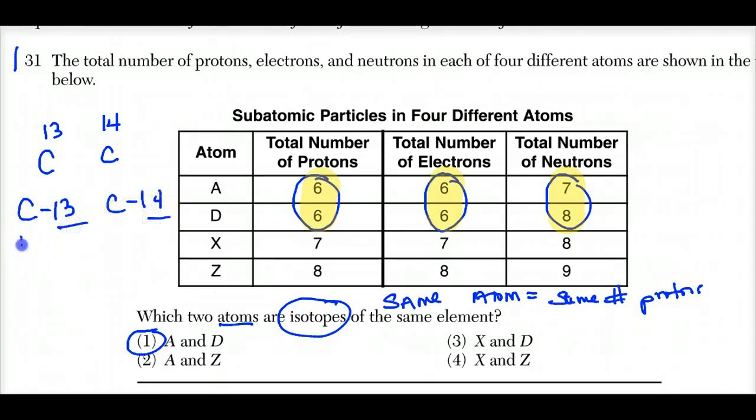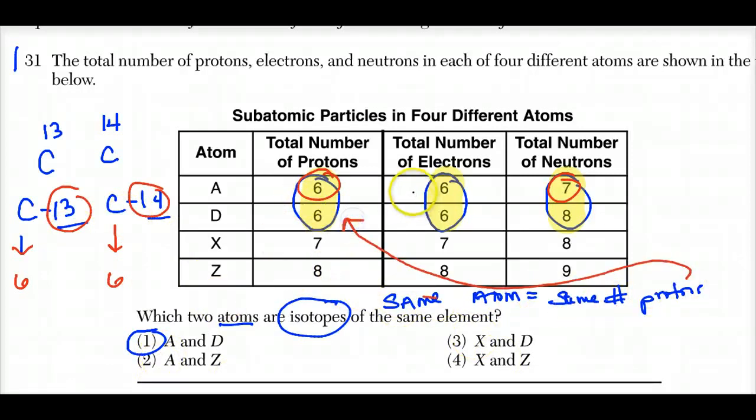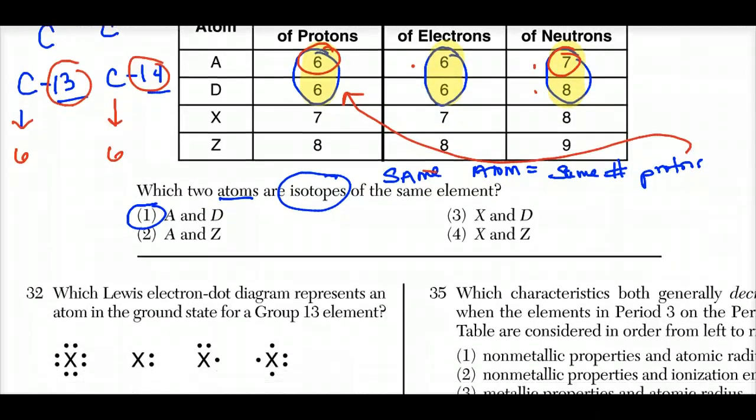They're both carbon, both have 6 electrons, 6 protons, but different mass number. The mass number is the protons and the neutrons. So for me to get 13, all I did was add the protons plus the neutrons. Okay, in any case, A and D, same protons, and that kind of gave it away. Different number of neutrons.